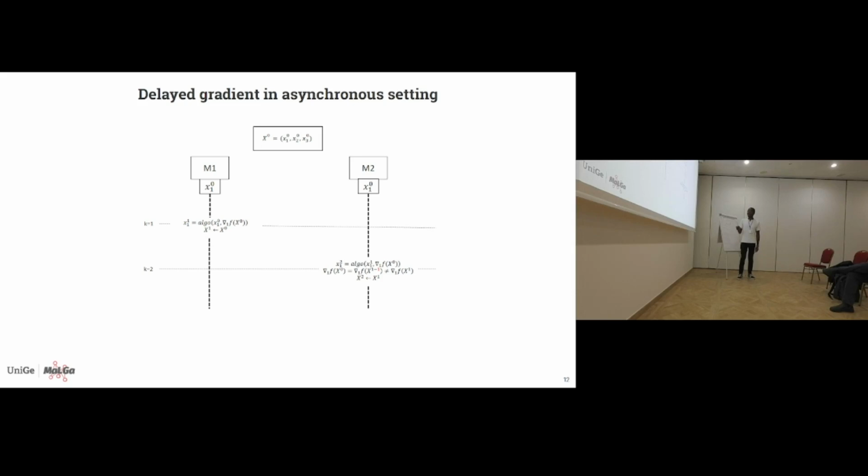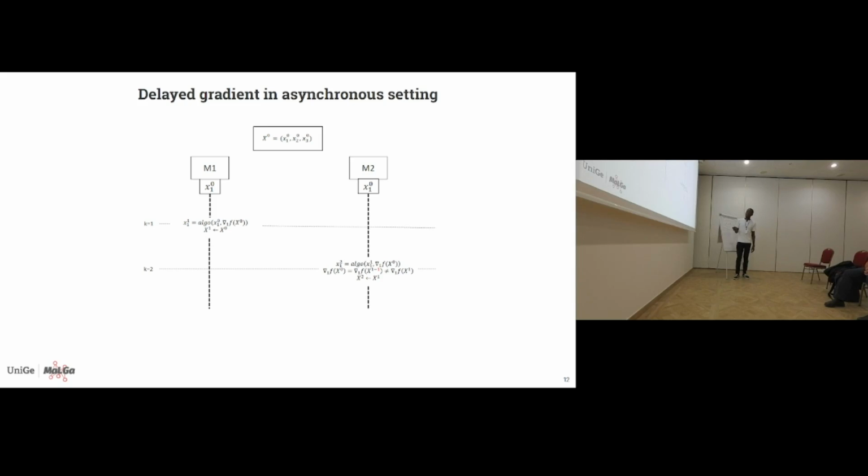And then machine 2 is trying to update, having computed its gradient at iteration 0. Now the counter should go to 2, but it doesn't have the update from 1 here, because it's just k to k plus 1. You use k to compute k plus 1. You have 2 here, but you only have 0. So its information is delayed. That's what we call the delay.